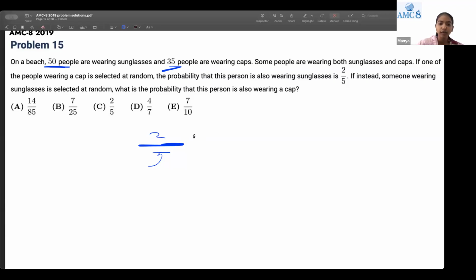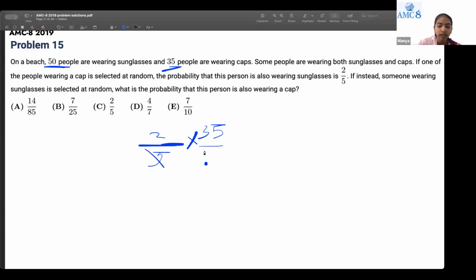Since there are 35 people wearing caps, we have to do 2/5 times 35. They're asking, if someone wearing sunglasses is selected at random, what is the probability that this person is also wearing a cap? So 2 over 5 times 35.